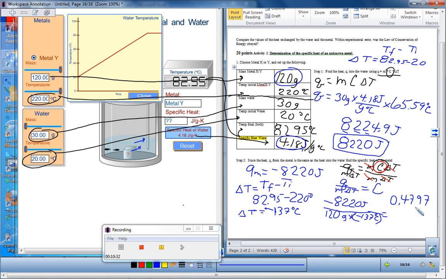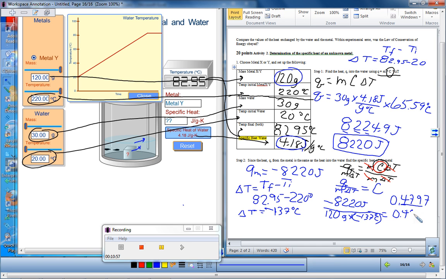That number is 0.4797. We need to get it to 3 significant digits. I'm sorry, what am I saying? Let's try that again. We've got 3 significant digits, so that 7 is going to make this into a 0, which is going to increase that.